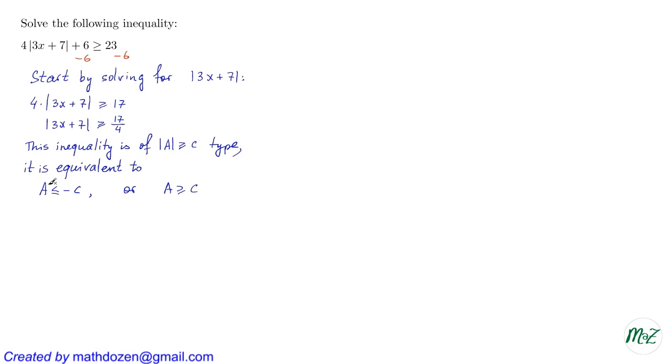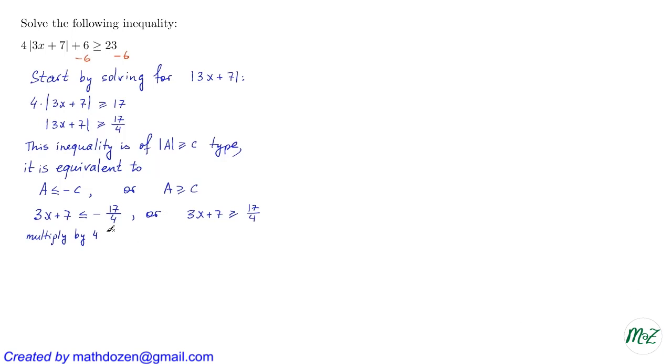So it is going to be equivalent to two inequalities: either the content of the absolute value is less or equal than negative constant, or the content of the absolute value is greater or equal than the constant. In our case, this is 3x plus 7 being less or equal than negative 17 quarters, or 3x plus 7 being greater or equal than 17 quarters. We're going to solve each of those inequalities independently.